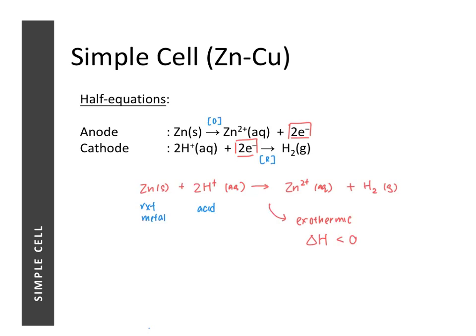But what happens when we set up a simple cell is that we force the electron transfer to occur in an external circuit. So we force the electrons to flow through an external circuit, and that will generate a current. So effectively, we are converting the chemical energy into electrical energy.